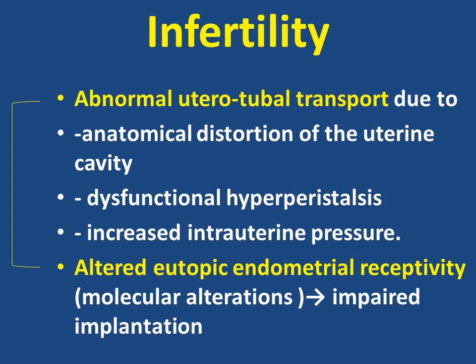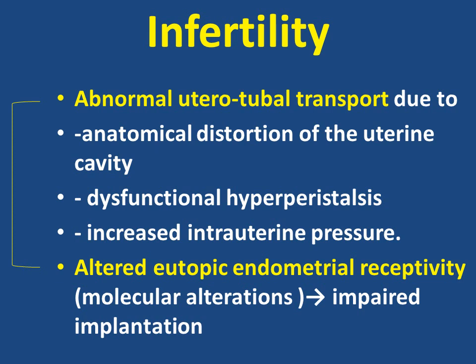This can be explained by abnormality of the uterotubal transport inside the uterus. So transport of sperms will be impaired due to increased intrauterine pressure, due to dysfunctional hyperperistalsis, due to anatomic distortion of the uterine cavity. So the process of fertilization will be affected due to abnormal ascent of the sperms and transportation to the ampullary part of the fallopian tube.